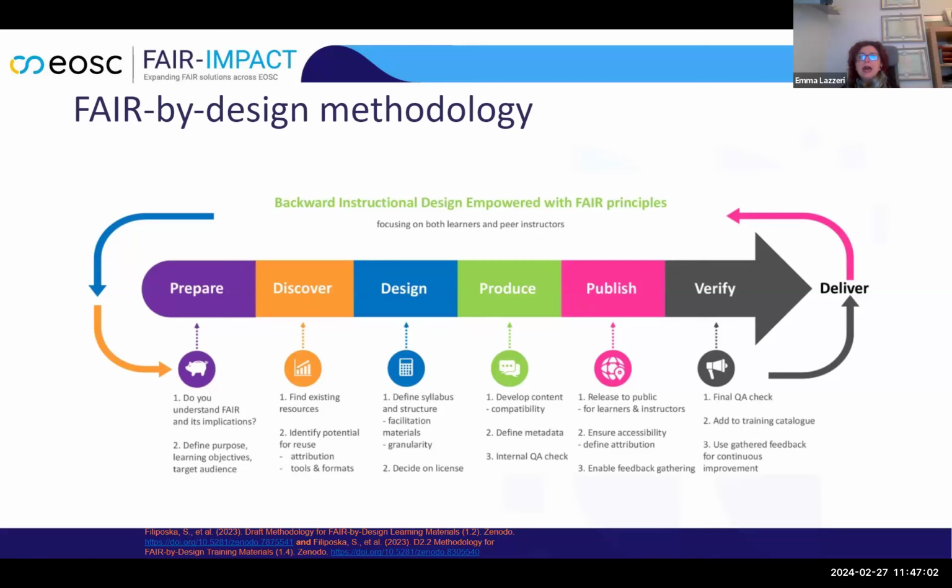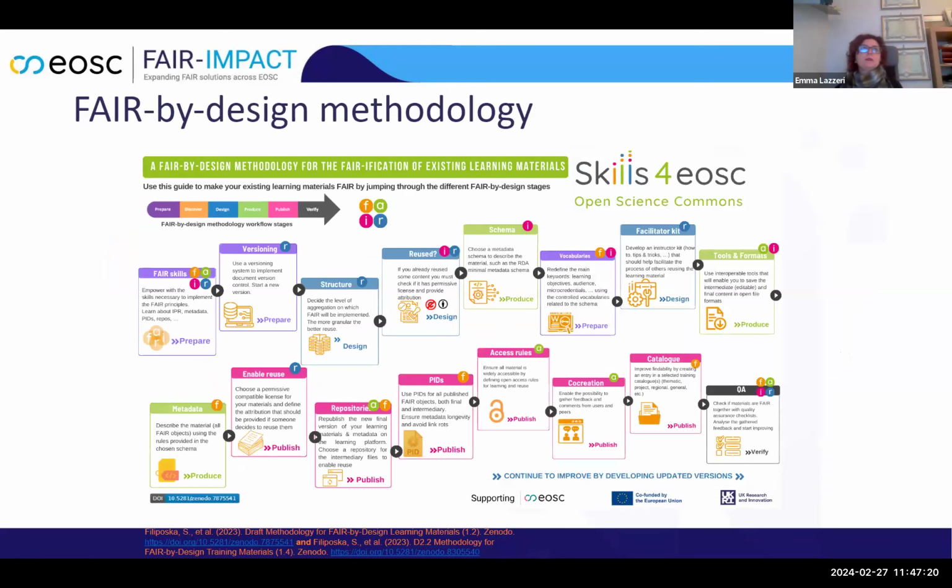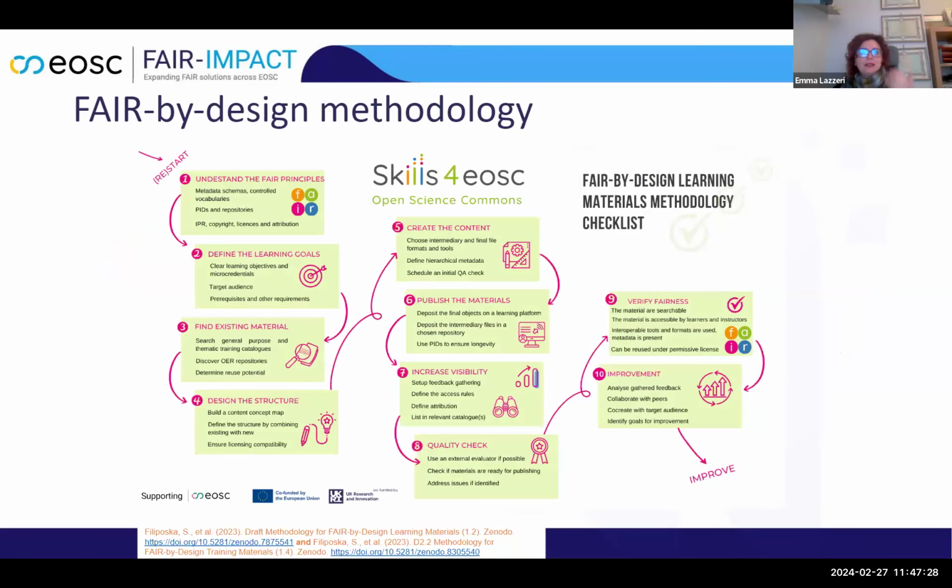So they didn't add important documentation and context for other trainers in order to reuse the material that they shared. And this is why we designed the FAIR by Design methodology, to improve the reuse and to avoid the fragmentation of training resources. So again, you will find all the links in my presentation. I encourage you to go and check this out and to adapt it in your local context.